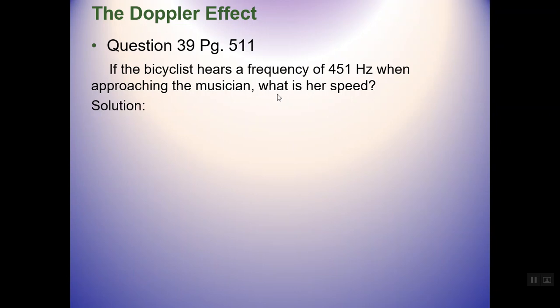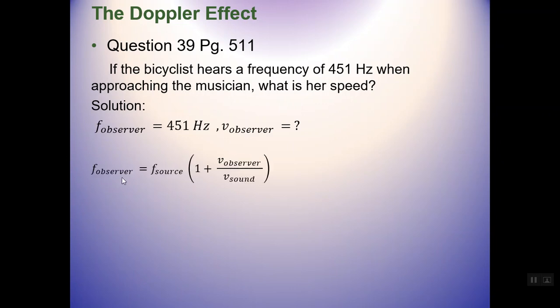Because the observer is moving toward the source, we use this form of equation: F observer is equal to F source times 1 plus V observer over V sound. And we know the frequency for the observer is equal to 451 and we are asked to calculate the velocity of the observer. So we need to rearrange this equation to calculate the velocity of the observer.